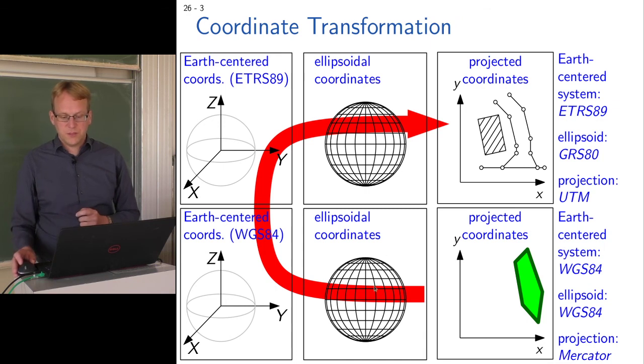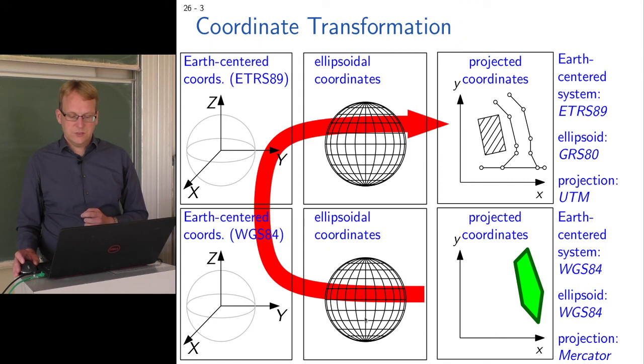First of all, we need to convert these Mercator coordinates into phi and lambda, into ellipsoidal coordinates related to WGS84. Now we have these ellipsoidal coordinates. Those we need to transform into these Earth-centered three-dimensional coordinates.